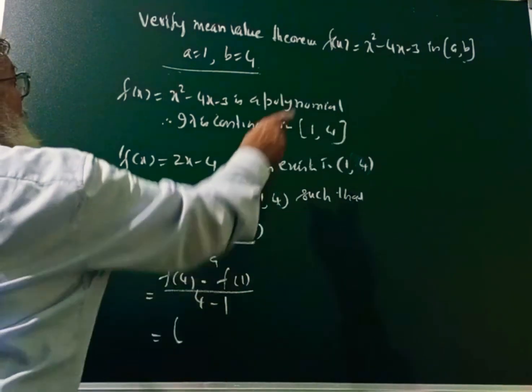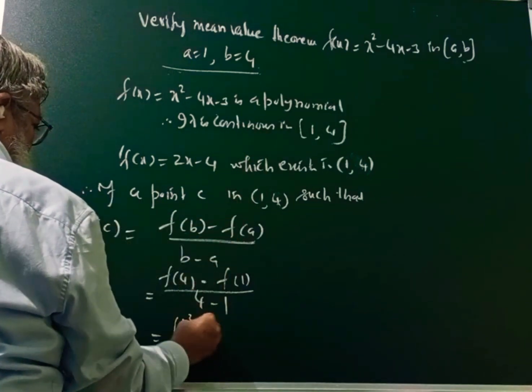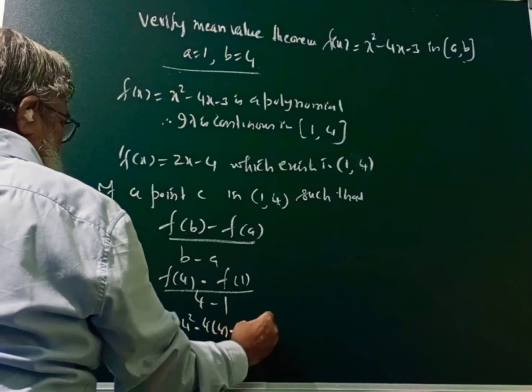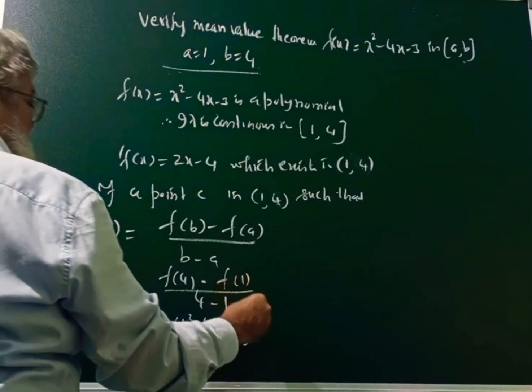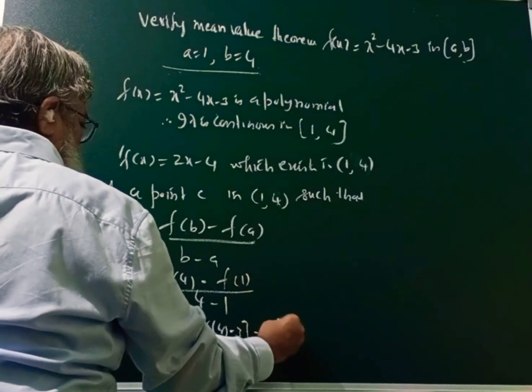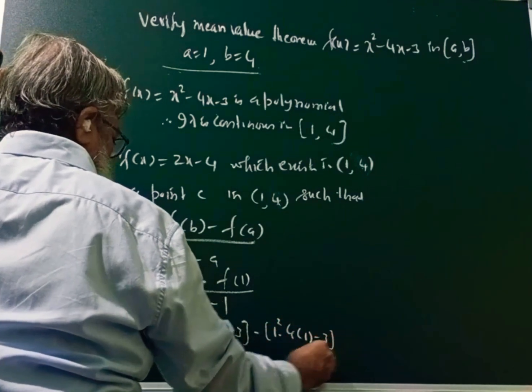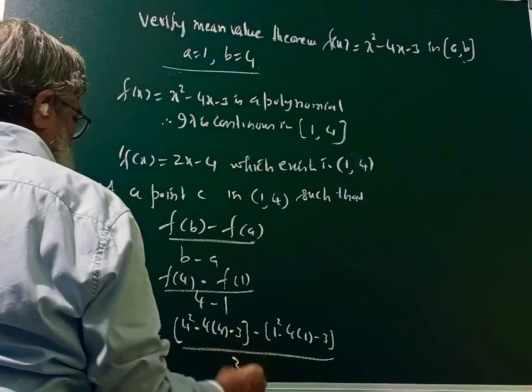F of 4, substitute the value: 4 square minus 4 into 4 minus 3, minus f of 1, that is 1 square minus 4 into 1 minus 3, divided by 3.